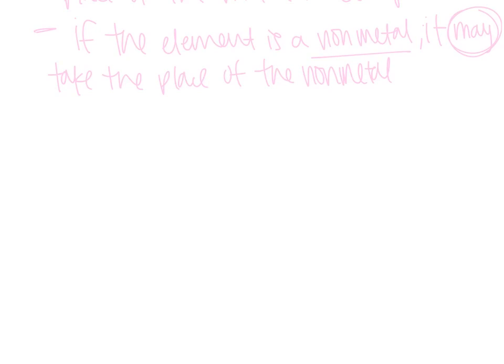So, there are obviously different types of elements on the periodic table that will be more reactive. We've already kind of talked about those. So that is just called activity.